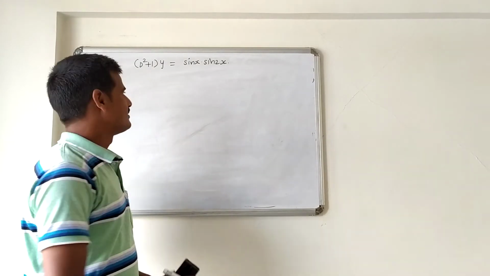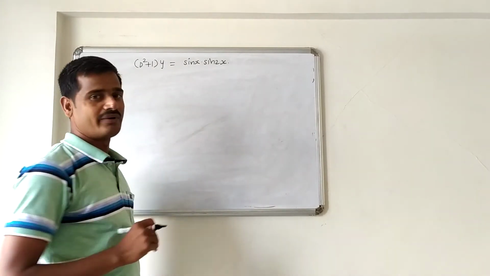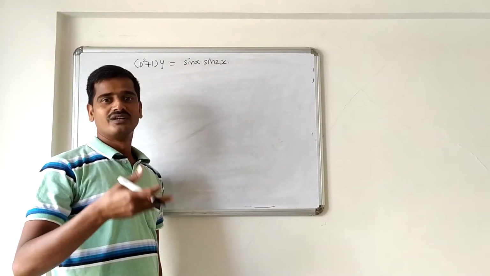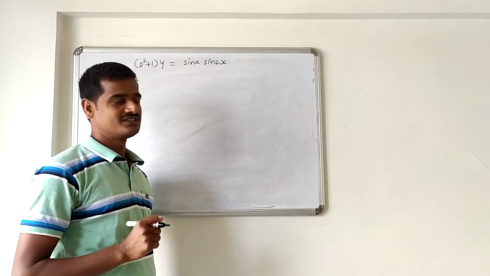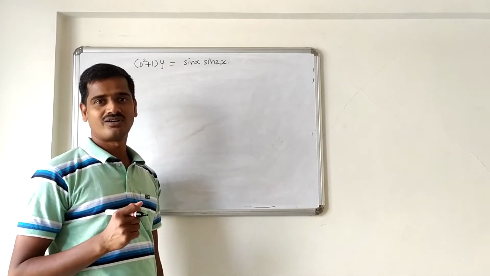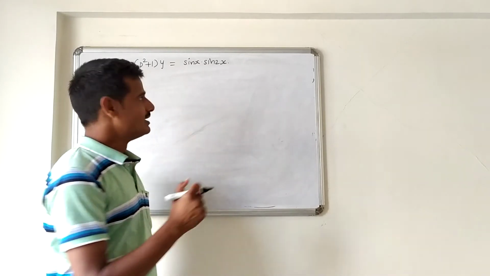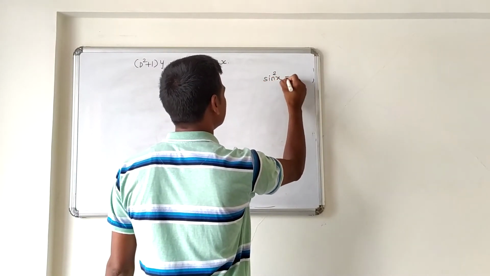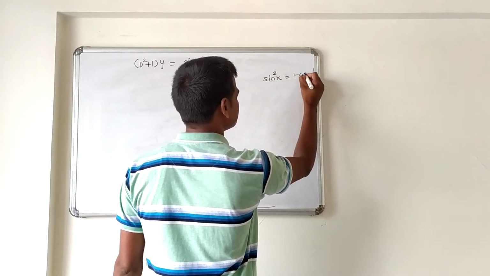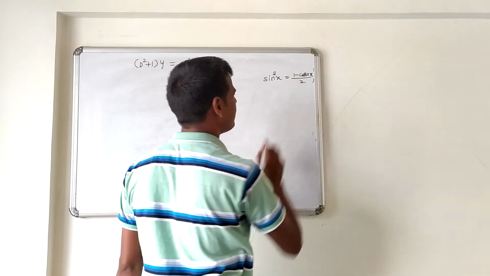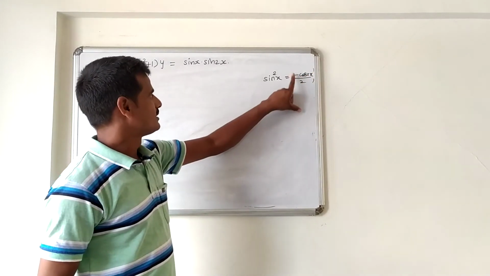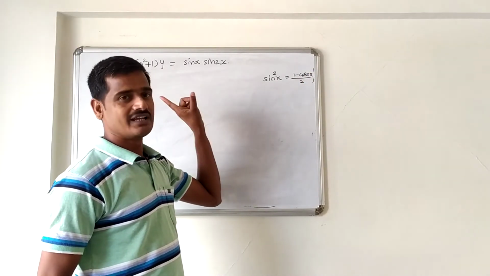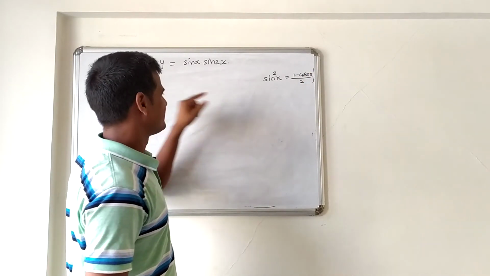Sometimes we have to apply the knowledge of trigonometry to express this as a sum of sine or cosine functions, in the form of sine of ax plus b or cos of ax plus b. Sometimes you will be given sine square x on the right hand side. In that case, you have to express this as 1 minus cos 2x divided by 2. So the first term is 1 by 2, a constant, and the second term is cos 2x, which is applicable as per the second case.